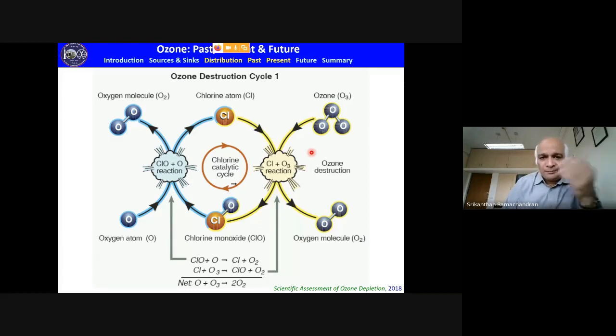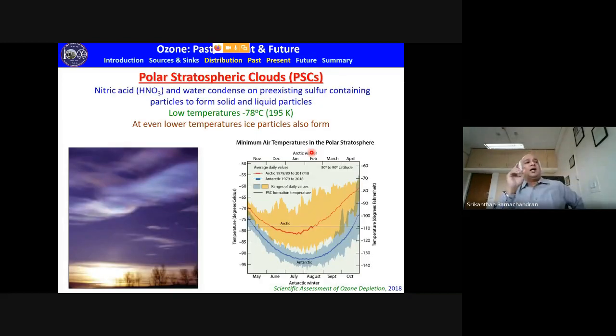oxygen molecule. So there is another natural phenomenon that occurs in the polar, high latitudes, called the polar stratospheric clouds. As we are familiar with the rain-bearing clouds or monsoon clouds here in the tropics, the higher latitudes, or the poles, experience what are called polar stratospheric clouds.